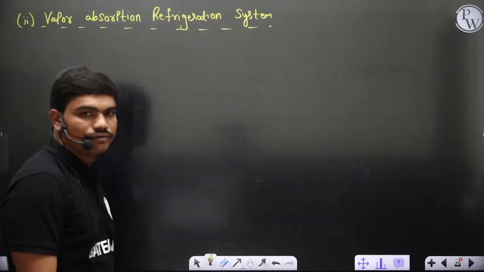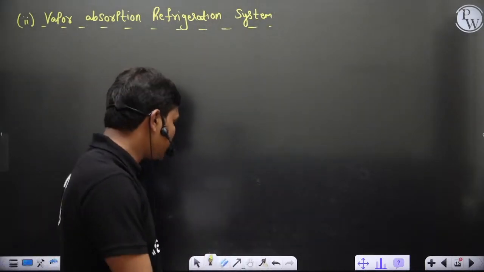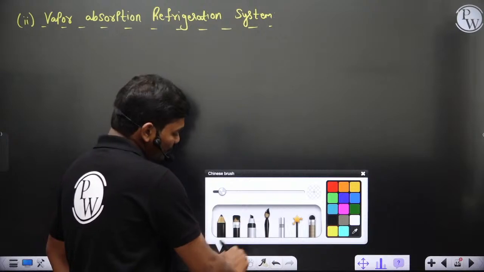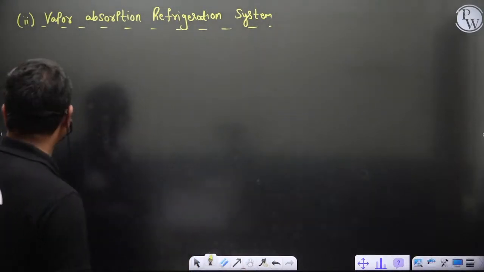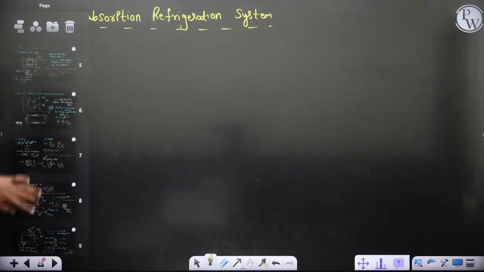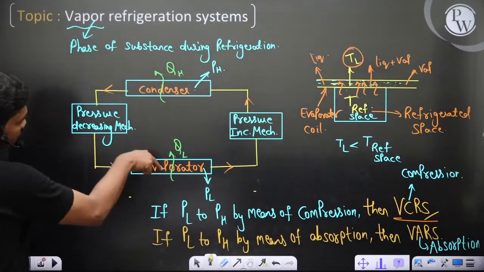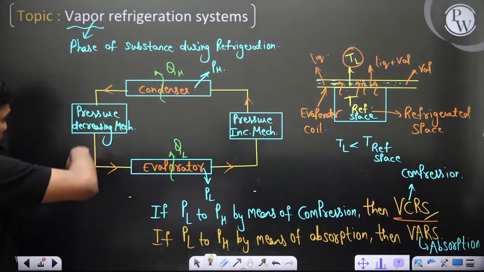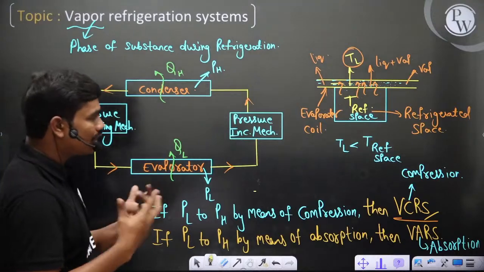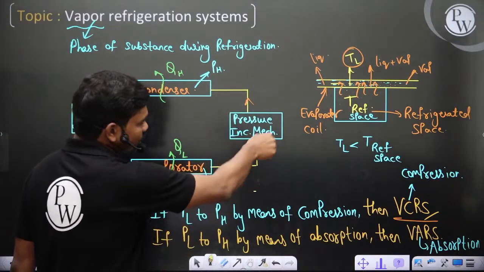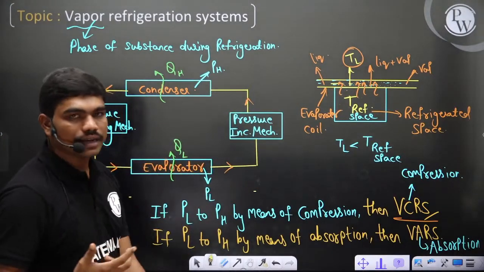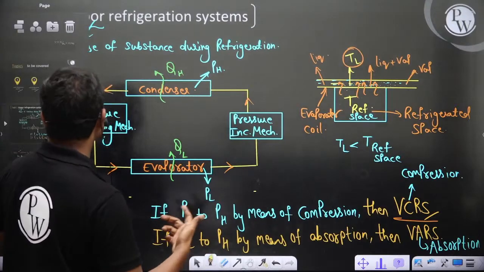The main difference is, if you take the loop I initially told you, the evaporator, condenser, and pressure decreasing mechanism, which is a valve, are all the same, but the pressure increasing mechanism is very simple. Now how are we going to do that?